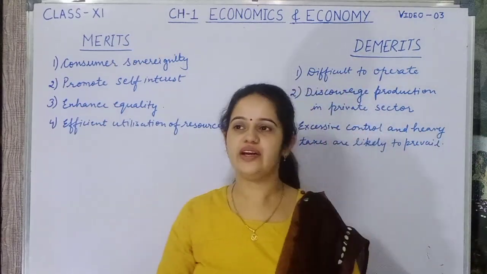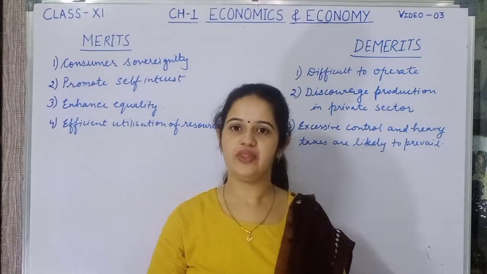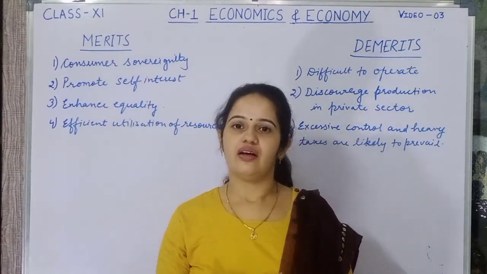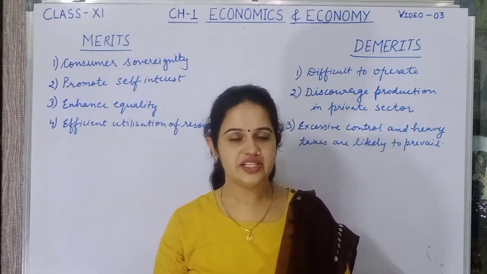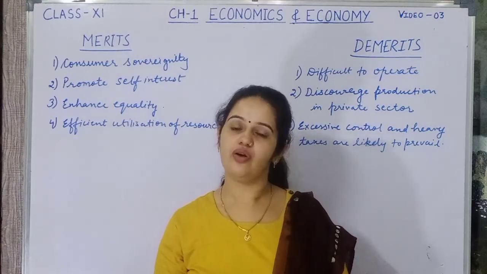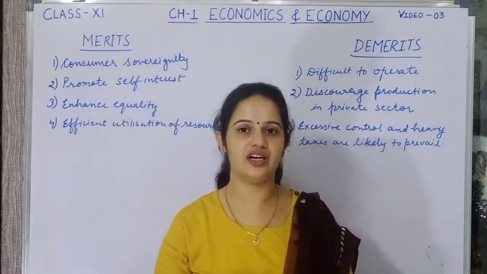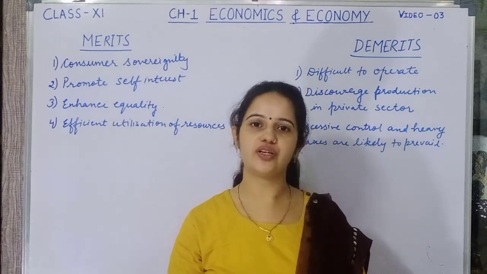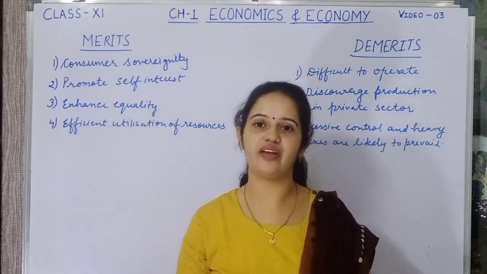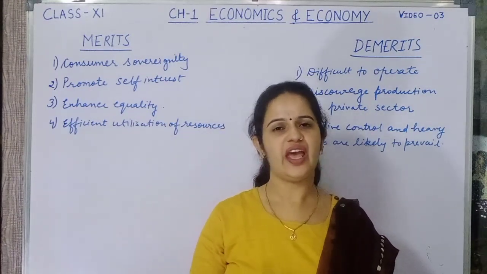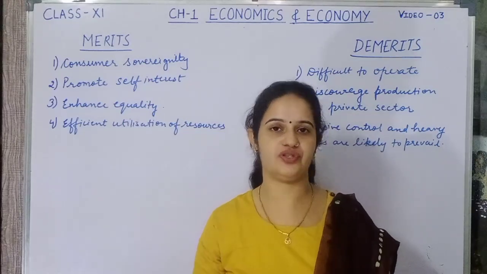We know that India is a mixed economy and citizens pay a lot of taxes to the government. So in case of mixed economy, in order to generate revenue for the government, heavy taxes are always imposed.